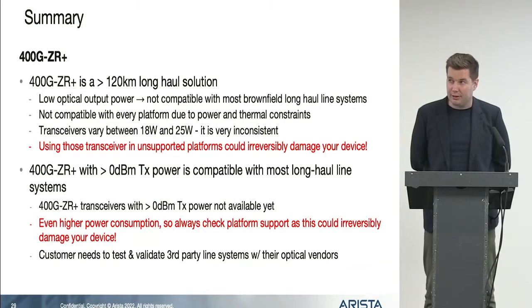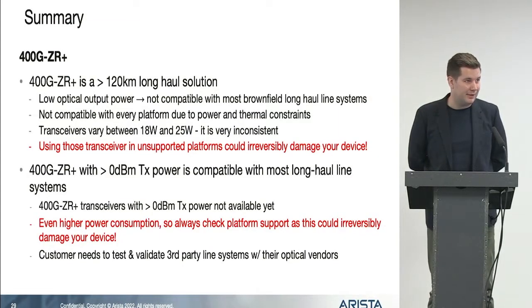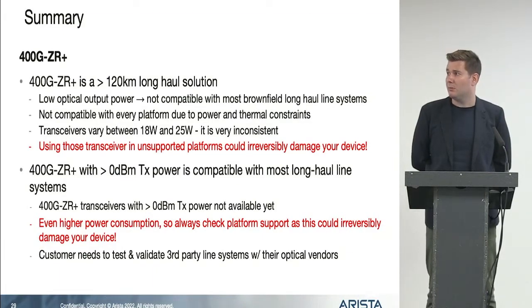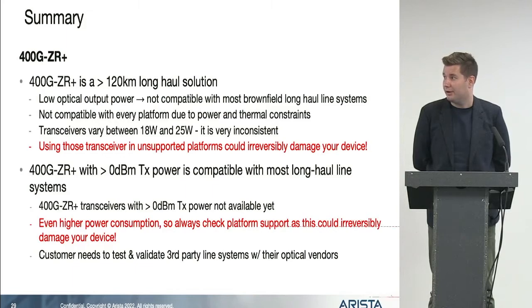You do also potentially need a preamp for those existing line systems. The other key takeaway is they do use a lot of power. We've found, depending on the transceiver, they can be quite variable, somewhere between 18 watts and 25 watts. So do be careful of that. And of course, do speak to your vendors to ensure you have the support for that high power.